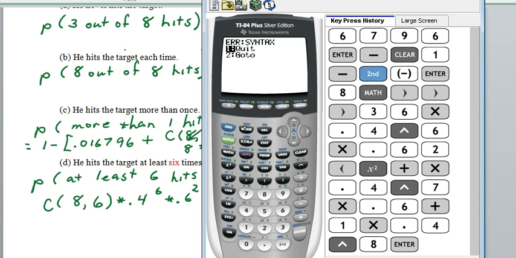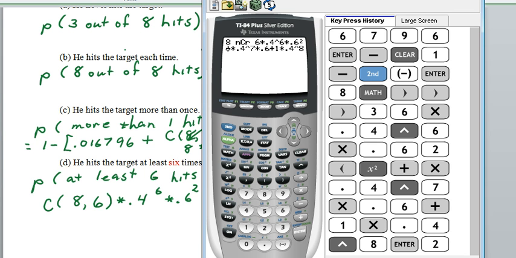Oh, and there's something I missed there. So let's go use second entry to see if we can find the error. And I've got a plus there, so I did the first one. And then right here, I needed 0.4 times 0.6.